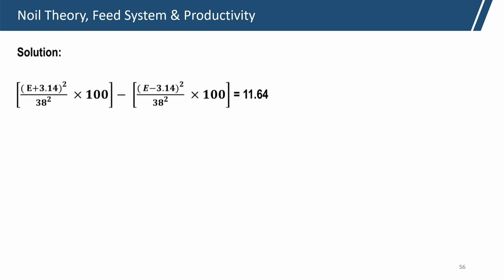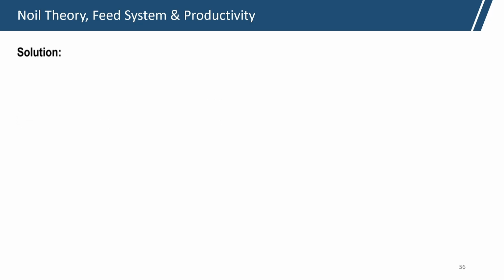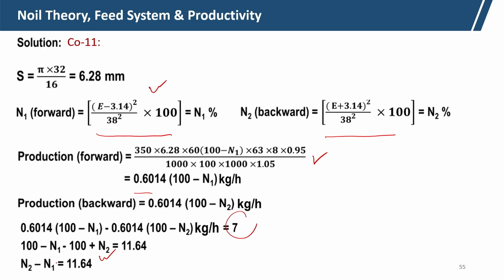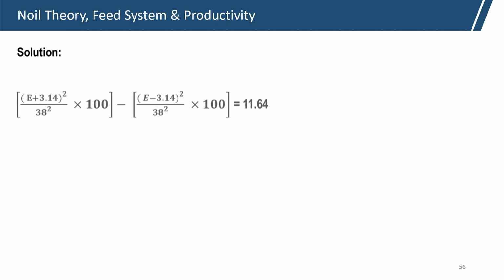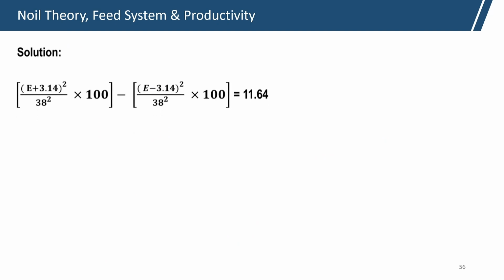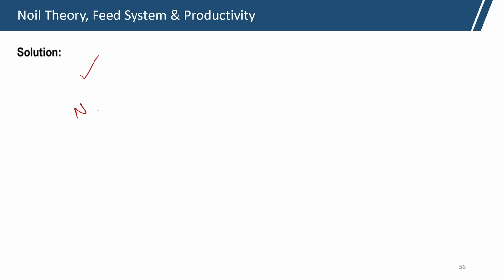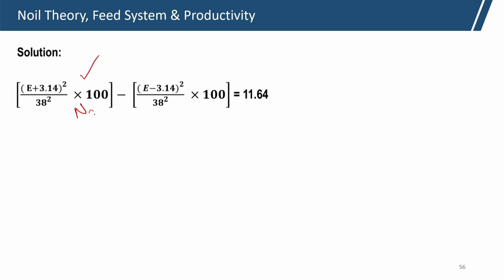So, this is the Noil percent N2 and N1, it is 11.64%. So, from this equation, this is for (E plus 3.14) square by 38 square multiplied by 100, this is N2, and here it is N1.